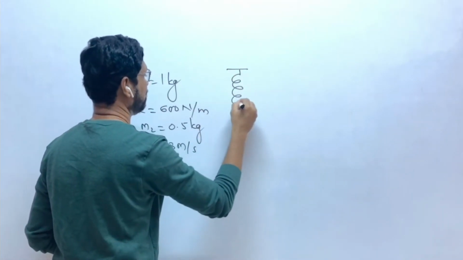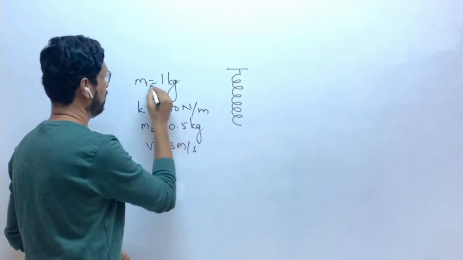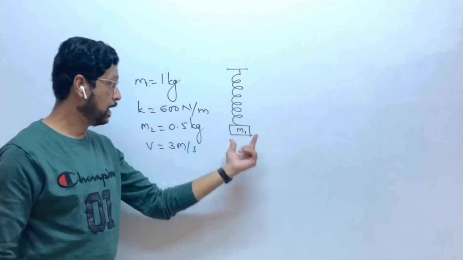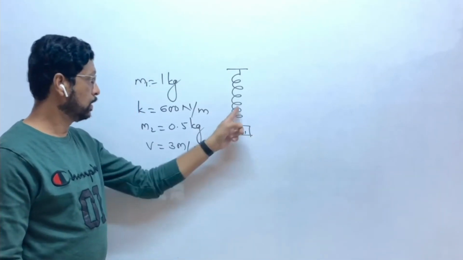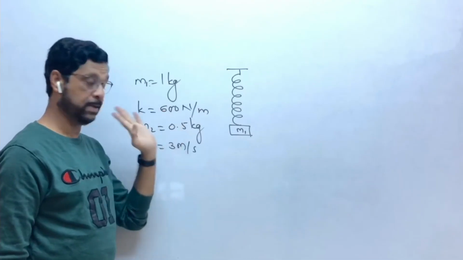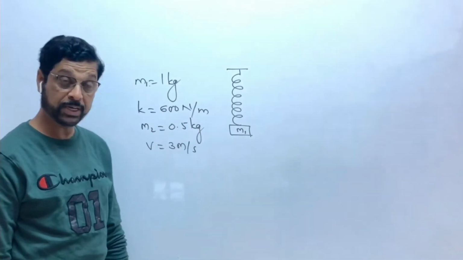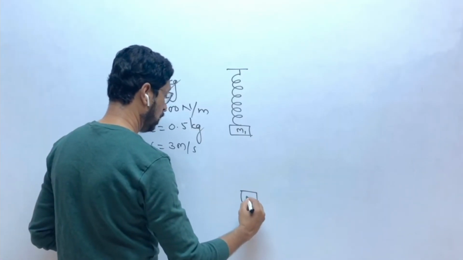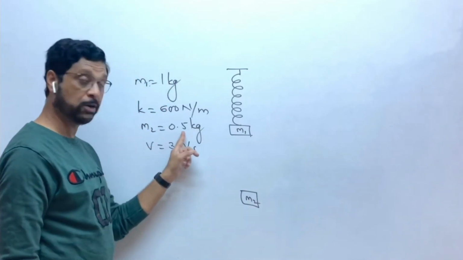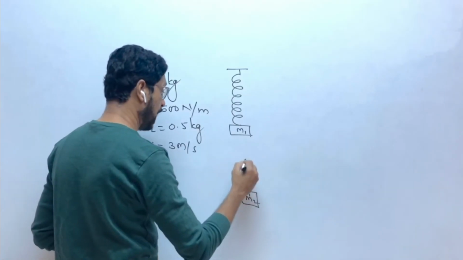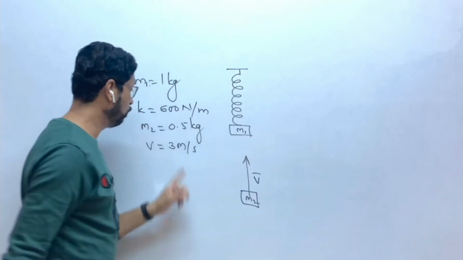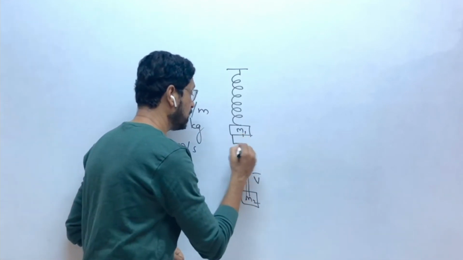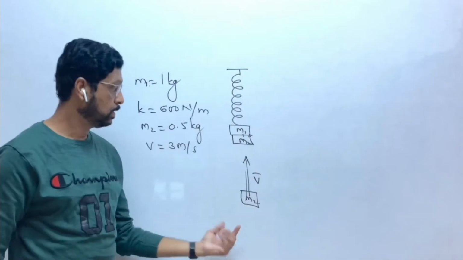Here is a spring and a body of mass M1 is attached to that spring. The force constant of the spring is K, that is 600 Newton per meter. What it says is, another body of mass M2, suppose 0.5 kg, moves upwards with a velocity 3 meter per second, strikes it and gets embedded.